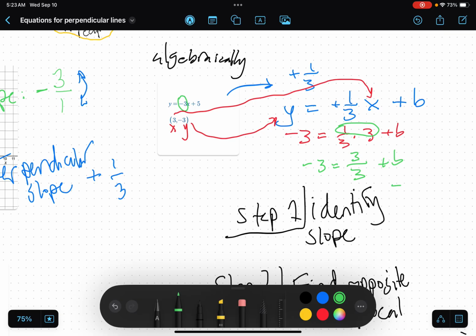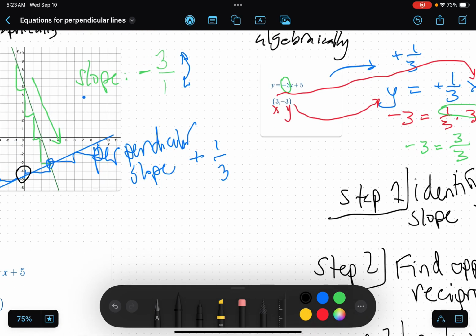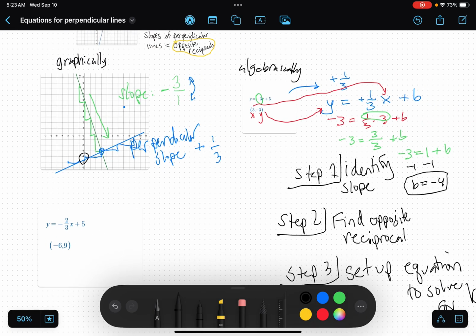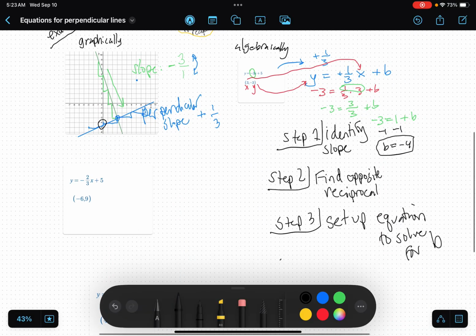Now I end up with -3 equals 1 plus b. Last but not least, I subtract 1 from both sides, so b equals -4. And if I look back at my graph, I can see that I also had b equals -4. The really important step 4 that people sometimes forget is you still need to write out your actual final equation. So step 4 is write out final equation.